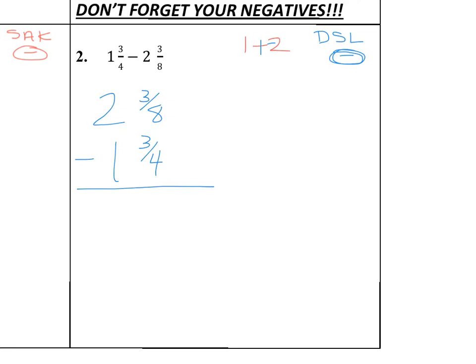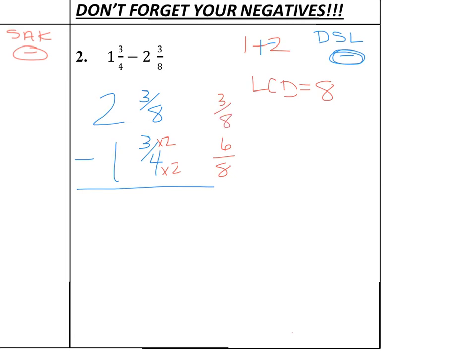Now, I still need common denominators. That has not changed. My common denominator, need to write it down, is going to be 8. 3/8 is already that way, so 4 times 2, 3 times 2. Don't forget to do that to the numerator. All right, so when I rewrite this, now I have 6/8.